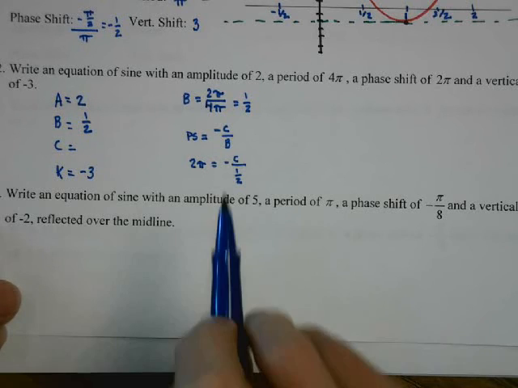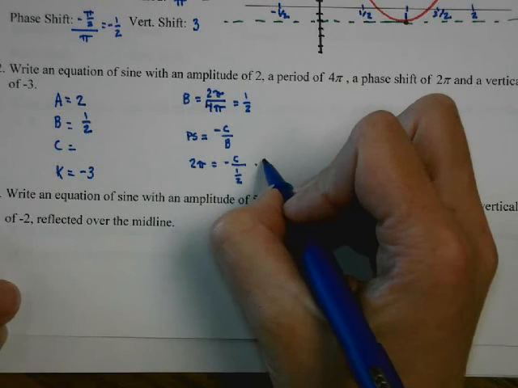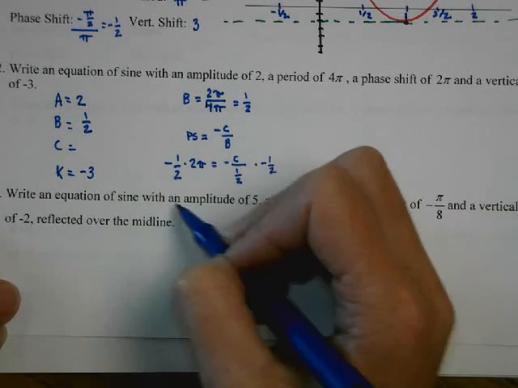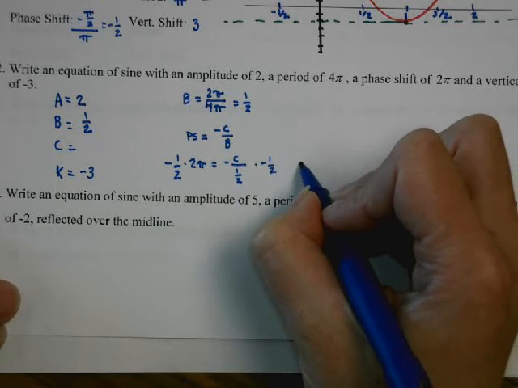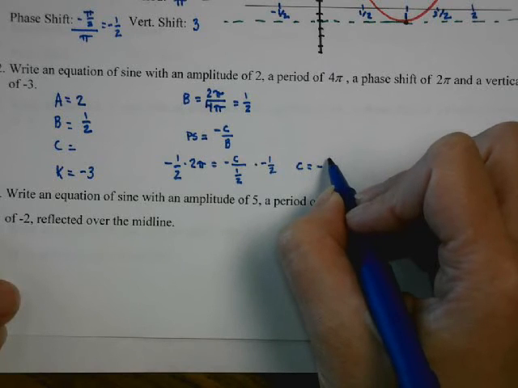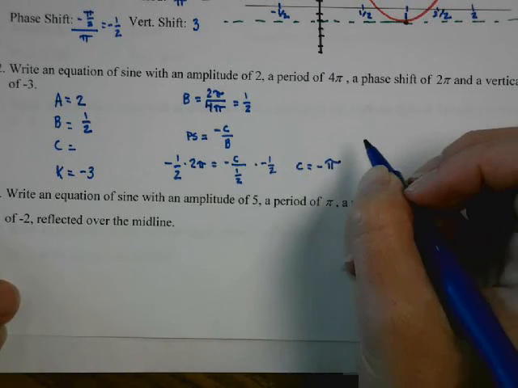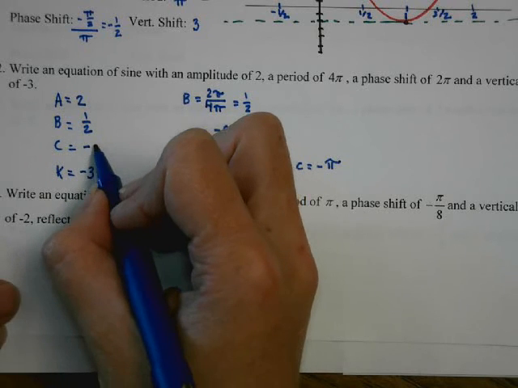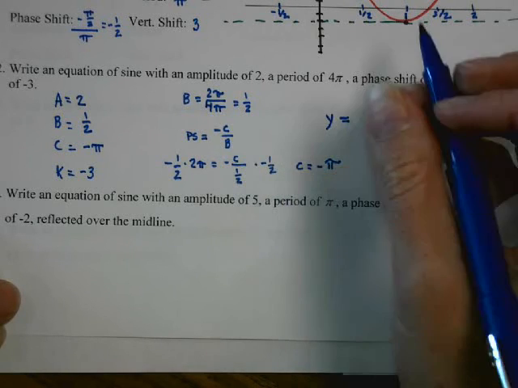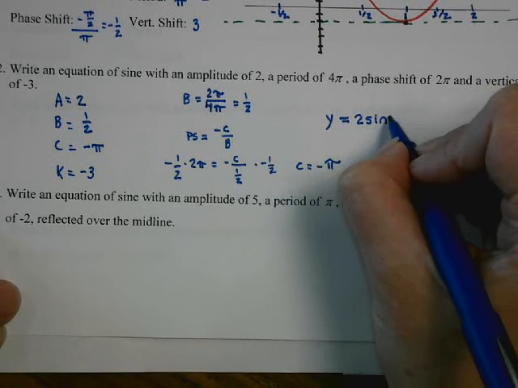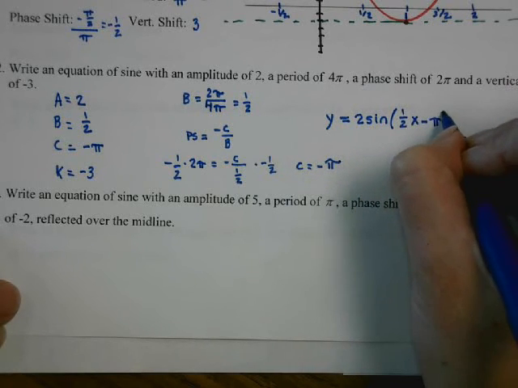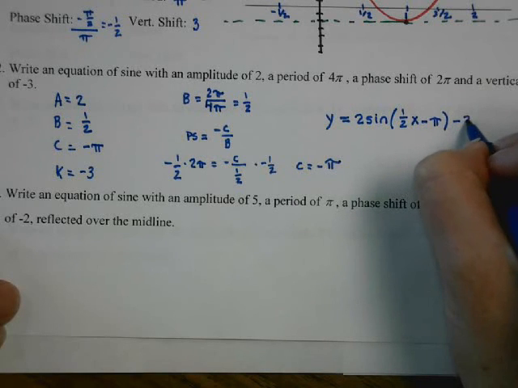So to solve this equation for C, I'm going to just multiply by negative 1/2. So this is going to give me C is equal to negative 1/2 times 2 pi, which is negative pi. Okay, so my equation is going to be y equals 2 sine (1/2 x minus pi), close the parentheses, minus 3.